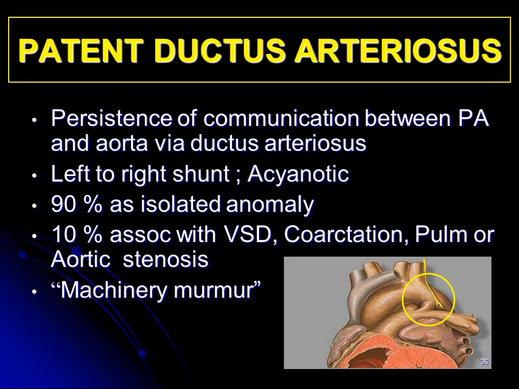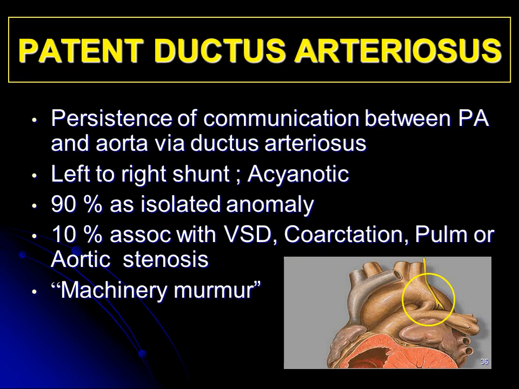A patent ductus allows blood to be shunted from the aorta, which is the left side of the heart, to the right side of the venous system, in the direction of the pulmonary artery. Patent ductus arteriosus increases the pulmonary blood flow, and the left atrial and ventricular volume likewise increase.